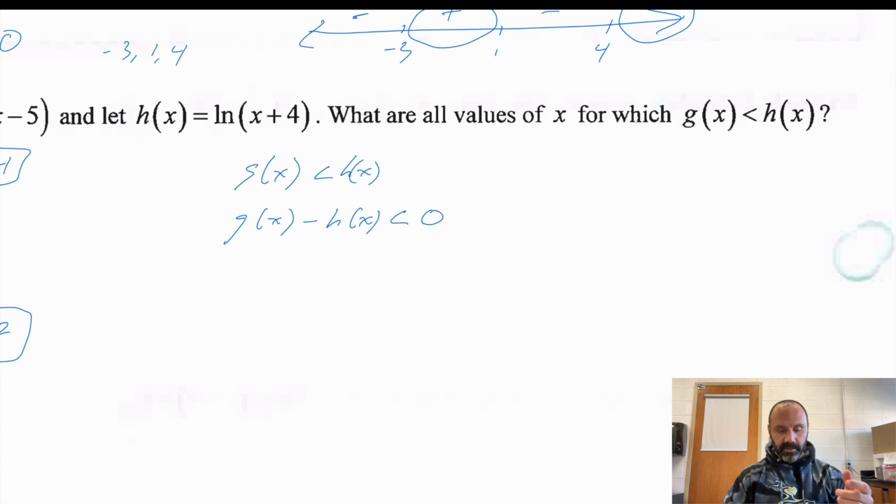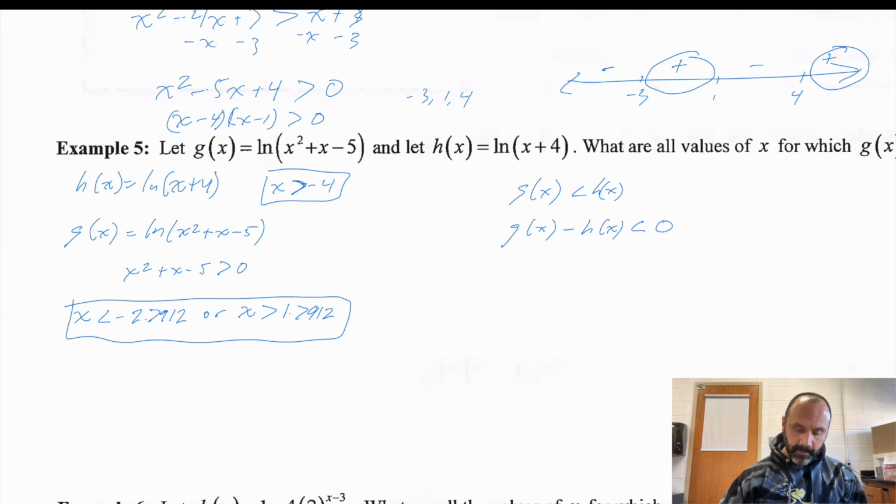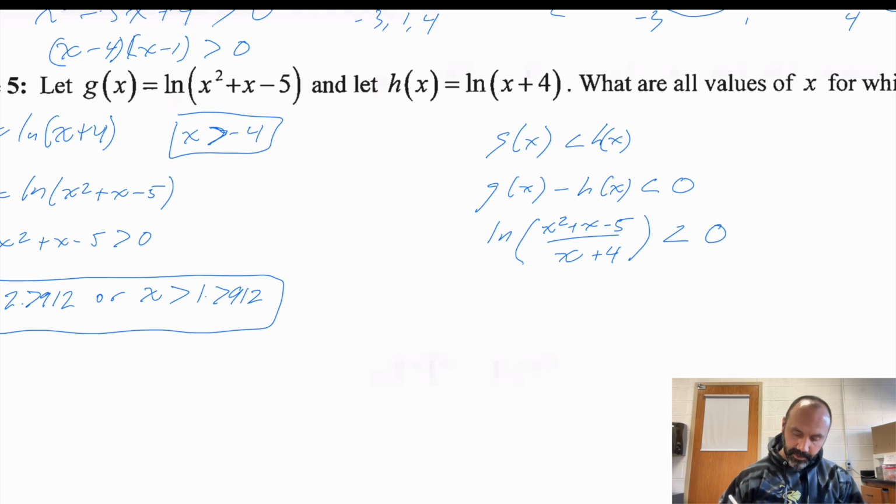Well, since these are natural logarithms, I can combine them and turn them into one logarithm. So this becomes natural log of x squared plus x minus 5 over x plus 4 is less than 0. I'll get it right eventually, just stick with me.